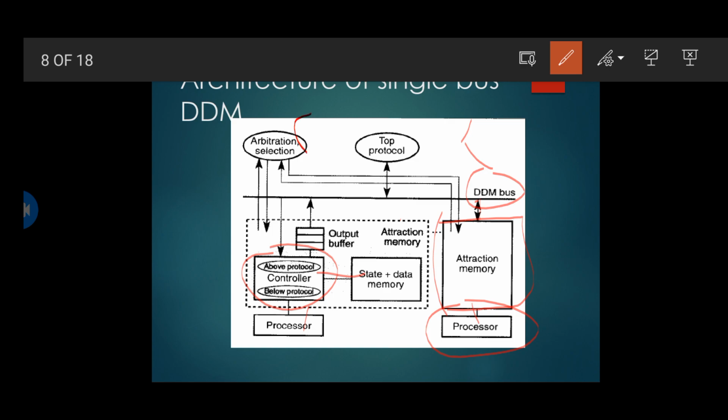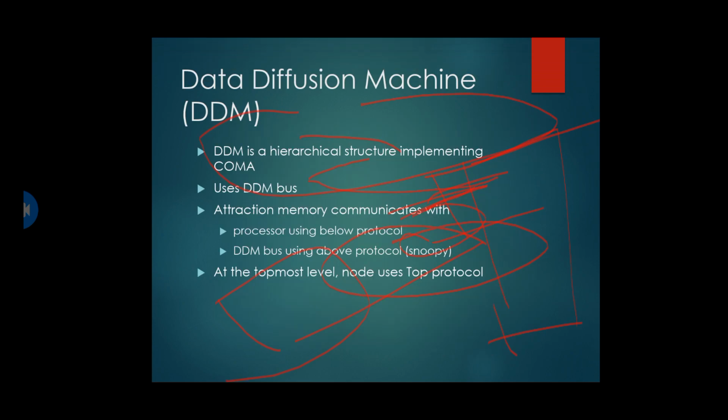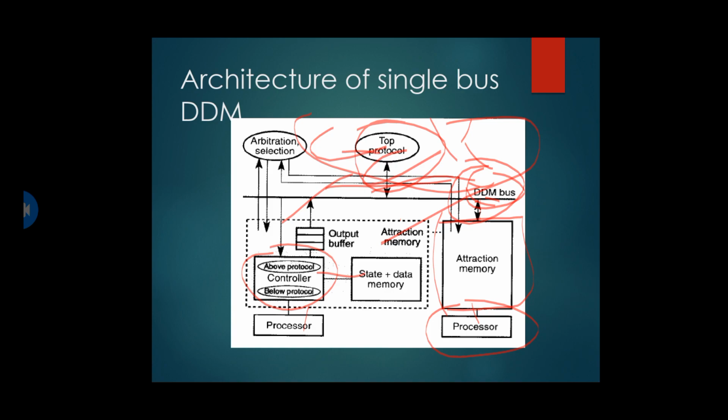The attraction memory will select the various local items using the top protocol, and at last you fetch the instruction which you needed from the memory. This is the architecture of a single bus DDM.